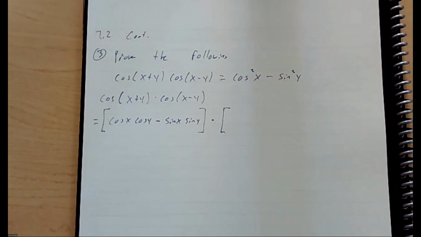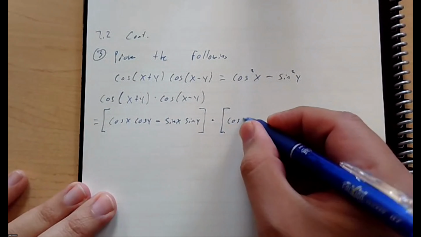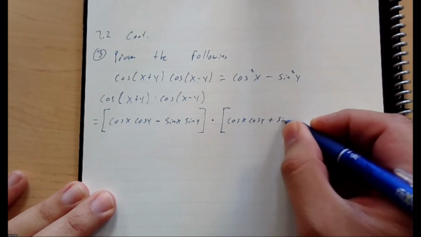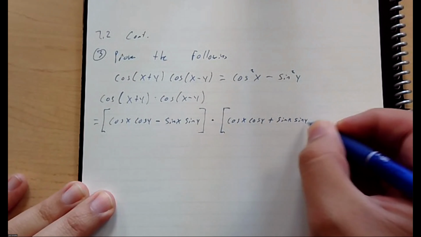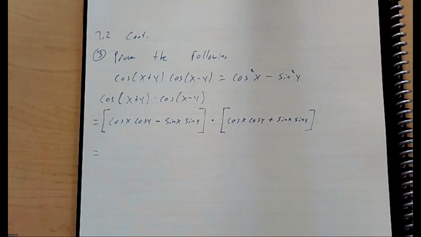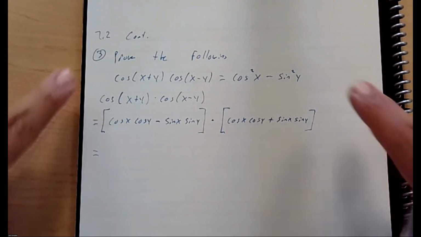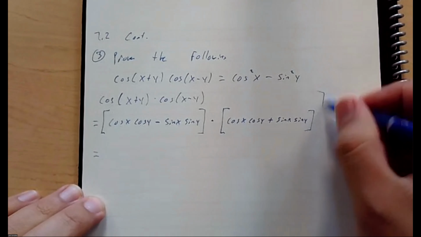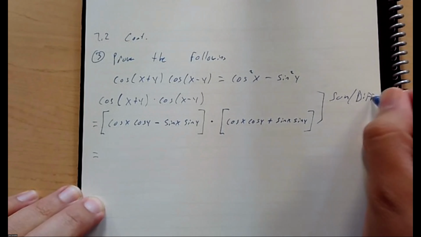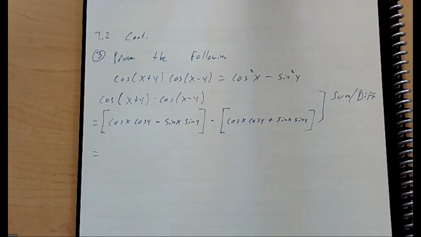Now do it again for the difference. So that's going to be cosine x cosine y plus sine x sine y. Is that okay? So right here I did sum and difference. I'll make a note for you: the identity for sum and difference of angles.